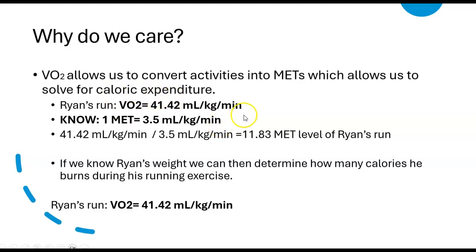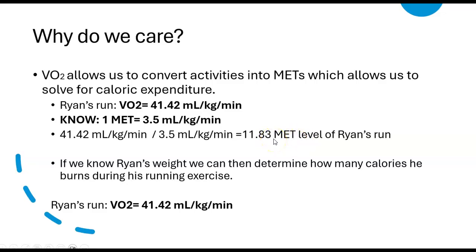So if we take Ryan's VO2 and divide it by 3.5, we are going to get the MET level. Ryan's MET level of his run was 11.83. We knew his VO2. We know, this is a given, that a MET is equal to 3.5. So if we simply take Ryan's VO2 during his run and divide it by 3.5, which is one MET, we will get his MET level.